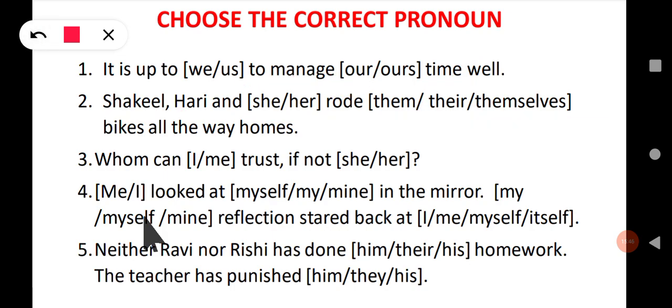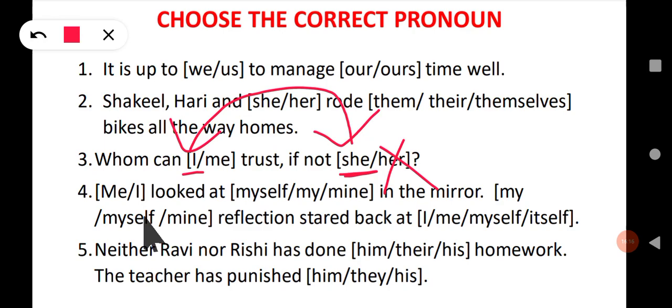Next one. Whom can I dash trust if not dash? Whom can I trust if not she? Don't use her, because we are speaking about the comparison between subject pronoun and subject pronoun. I will tell you one more sentence to get more clarity. Don't give it to me, but give it to her.